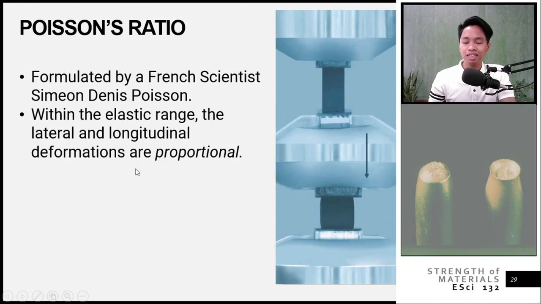Within the elastic range, the lateral and longitudinal deformations are proportional. As long as it does not exceed its elastic limit, meaning if you remove the load, it returns to its original shape and dimensions, Poisson's ratio is still applicable and true.